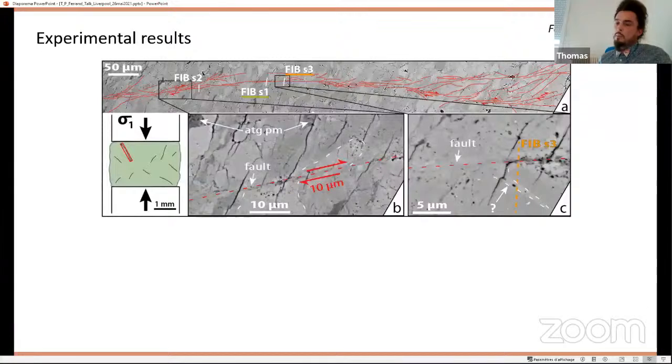This fault is 1 millimeter long. The displacement on it is 10 micrometers, and the thickness of it is less than 1 micron. We cannot really see it here with a scanning electron microscope. And you can see some features that look like cracks with some material filling them, that are connected to the fault. So FIB sections were done to analyze it.